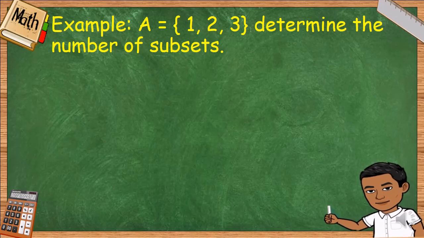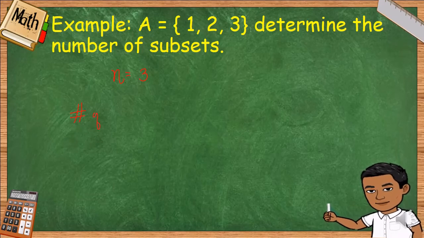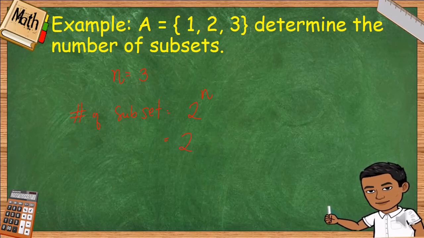So, we have the number of elements is 3. So, let's count the number of subsets. Number of subsets is equal to 2 raised to n. And we have a value for n, which is 3. So, 2 raised to 3. Then, what is 2 raised to 3?